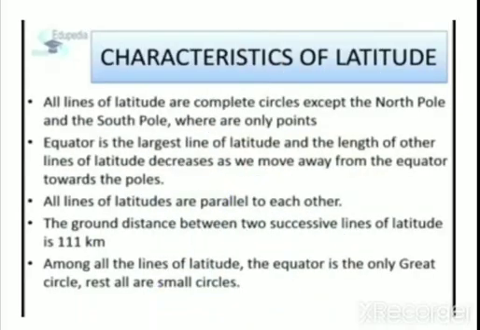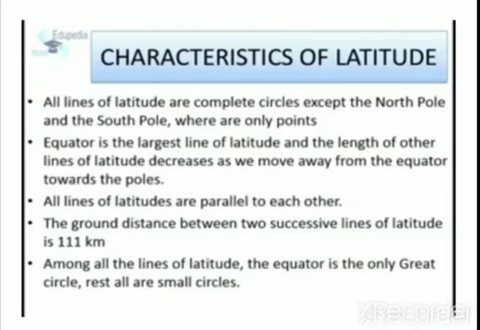Next we'll see the important characteristic features of the latitude. All the lines of latitude are complete circles except at the North Pole and the South Pole, where they are only points. If you observe the globe image, you can see this view.